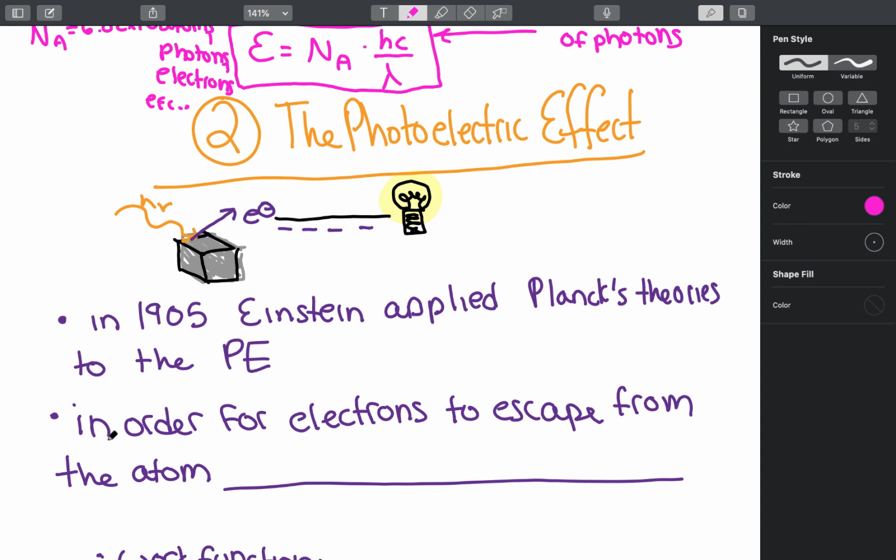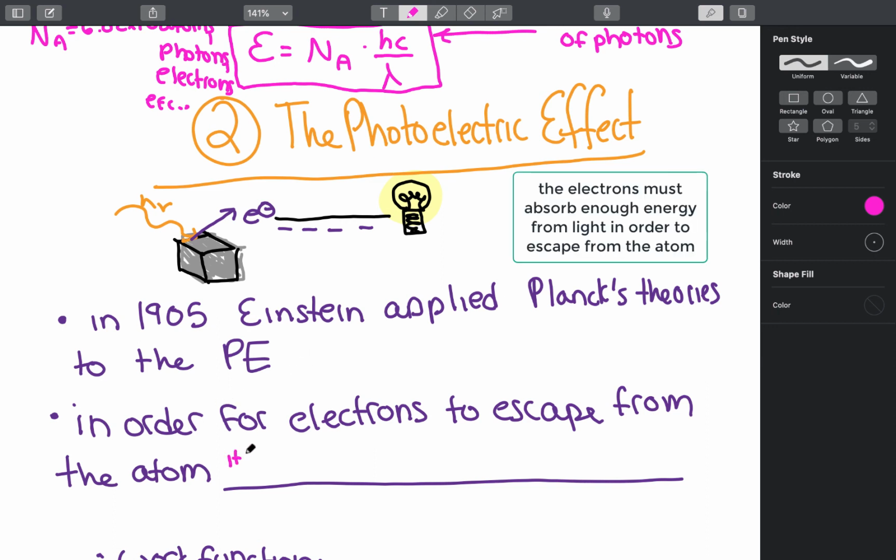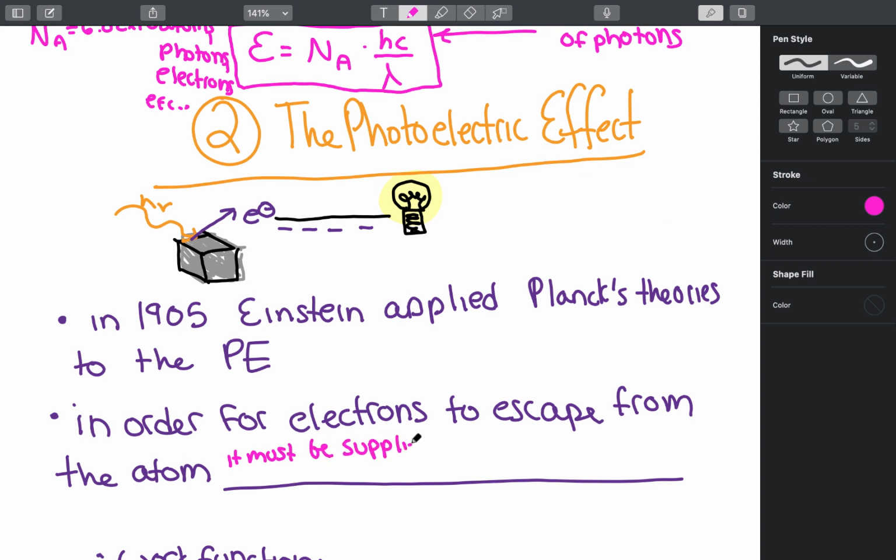However, Einstein stated that in order for electrons to escape from the atom, it must be supplied with enough energy from the incoming light to escape the atom.